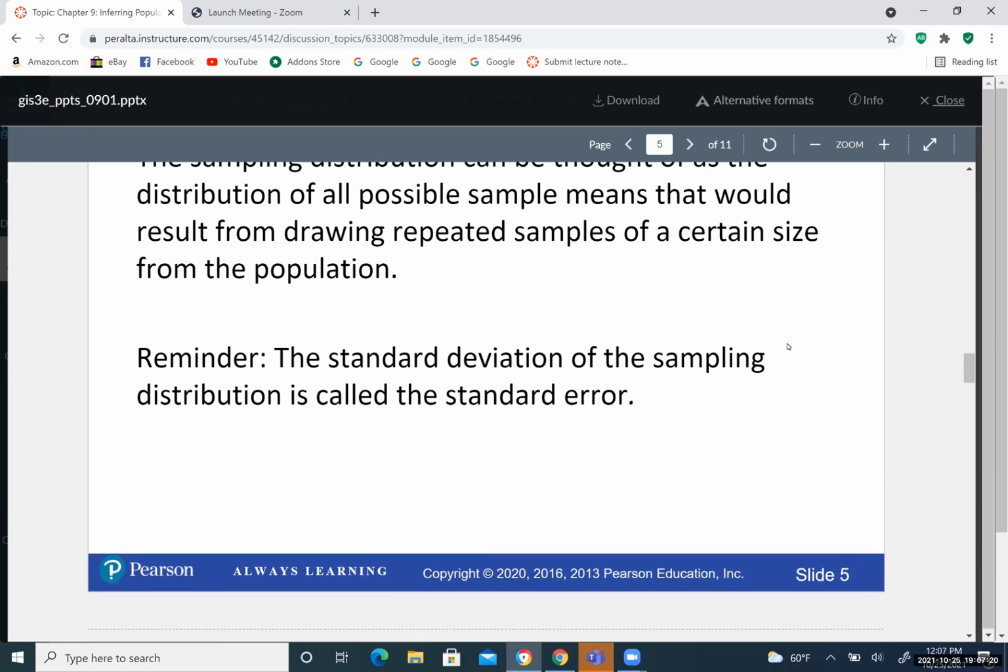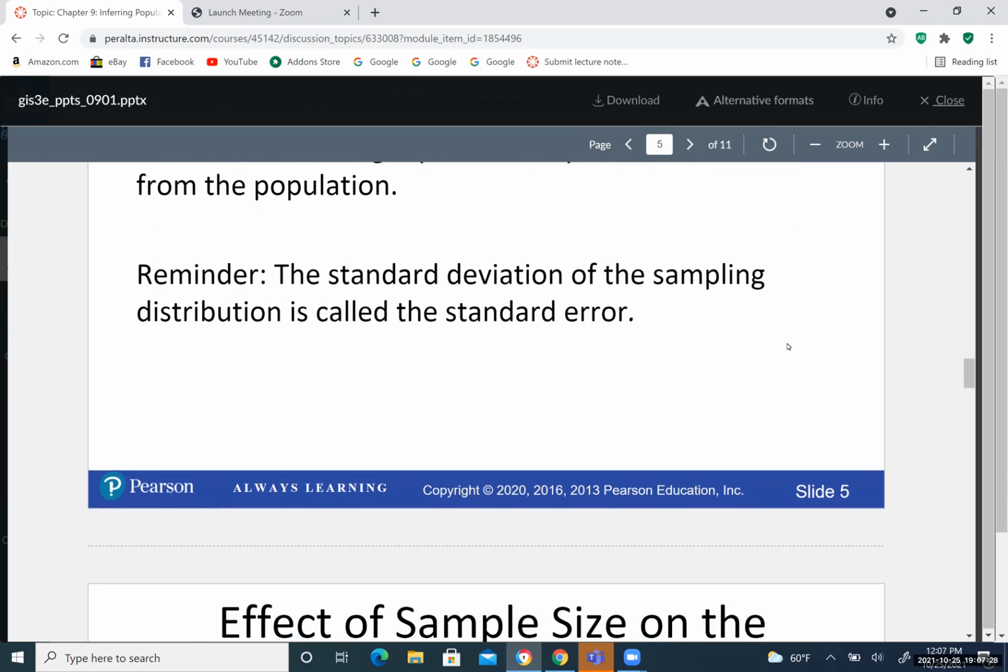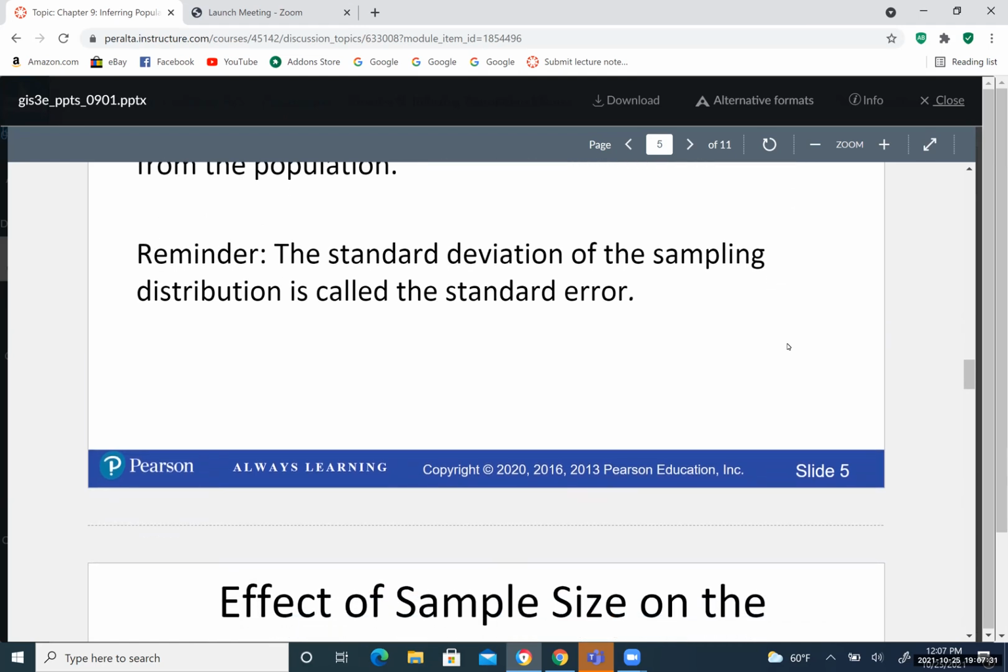Reminder, the standard deviation of the sampling distribution is called a standard error. The standard deviation here is like small s or sigma of the whole distribution, and they call this a standard error. It's a different name applied in this chapter.